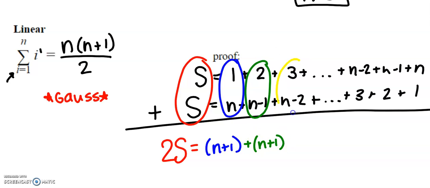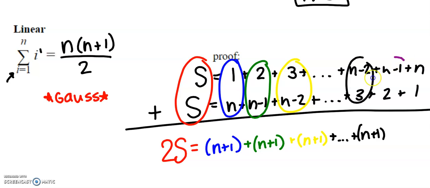If I add these together, n plus 3 minus 2 is again n plus 1, plus, you got it, n plus 1, and another n plus 1, finally ending with another n plus 1.